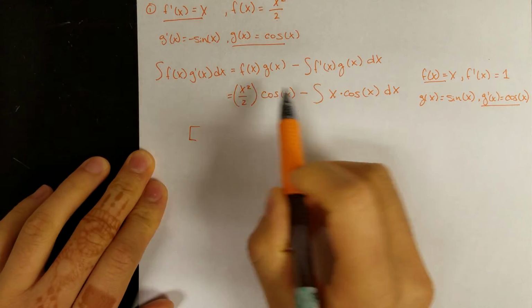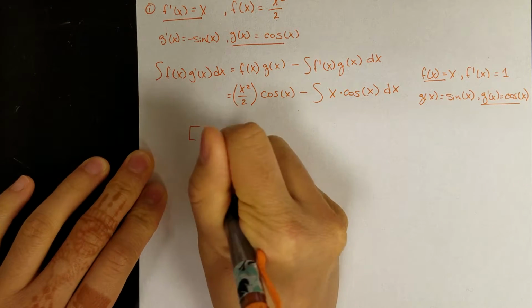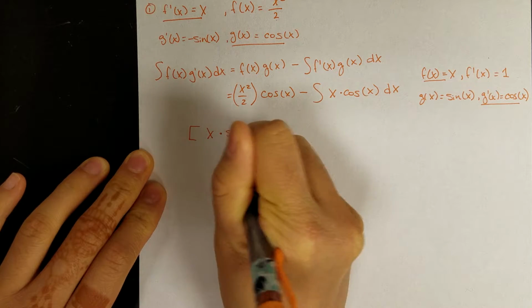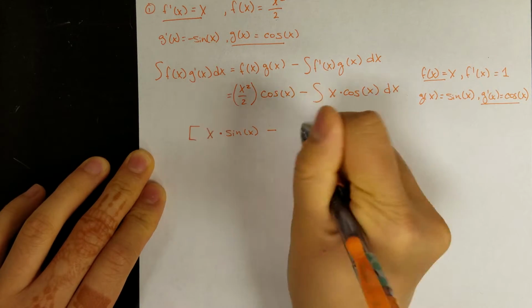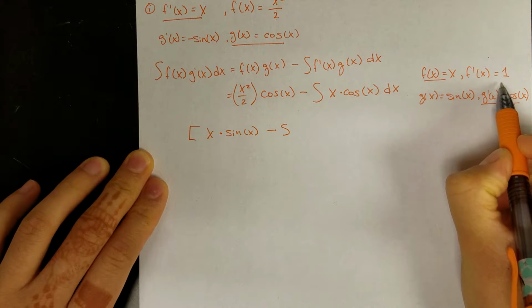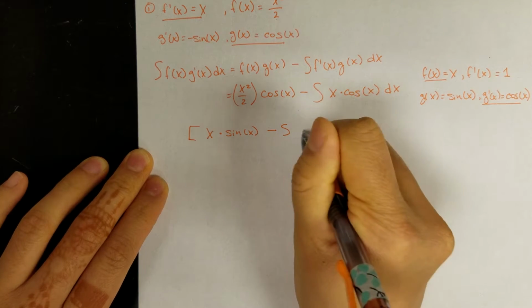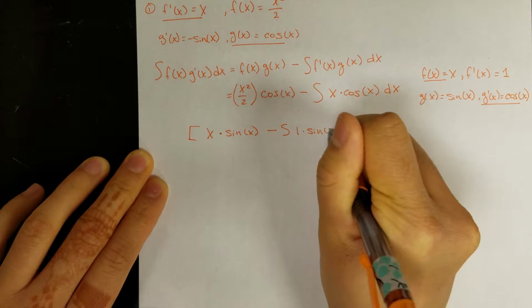Again, we're going to do f of x times g of x, which we said was x times sine of x, then minus the integral of f prime times g of x. So 1 times sine of x.